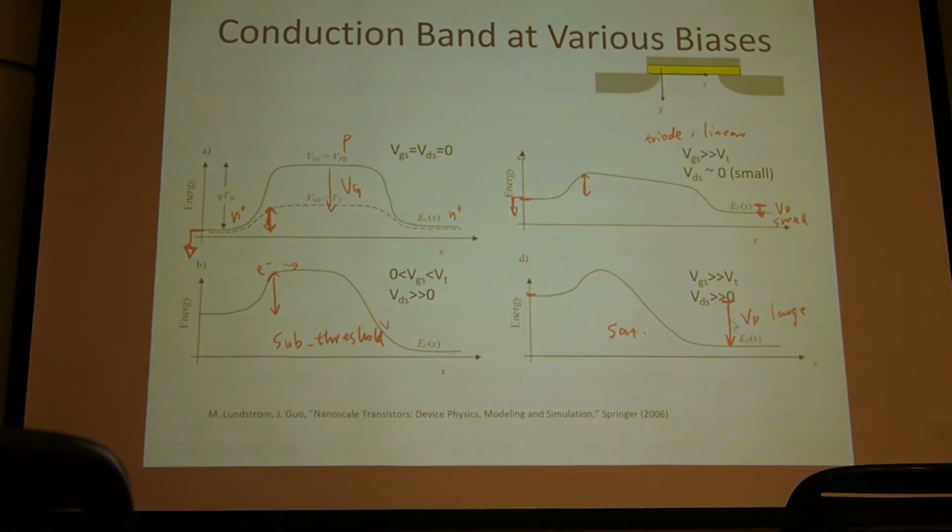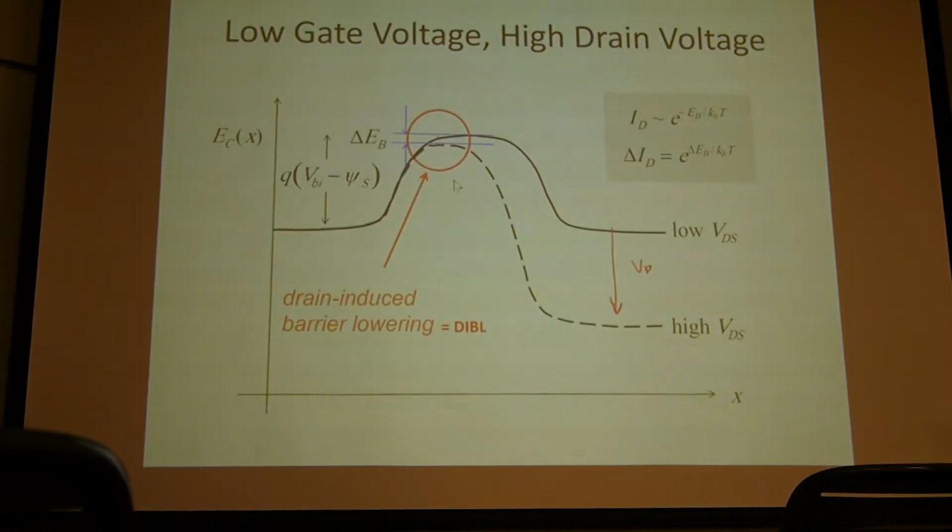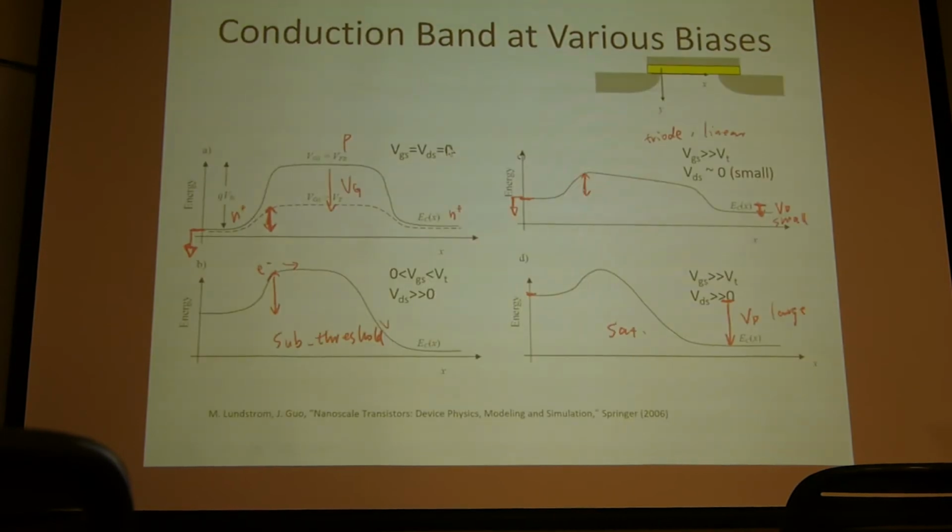But as we discussed here, it's also a little bit determined by the drain voltage as well. This is a second order effect. So we'll talk about that in a minute. The drain voltage ideally should not change the barrier height at the source side. Ideally.